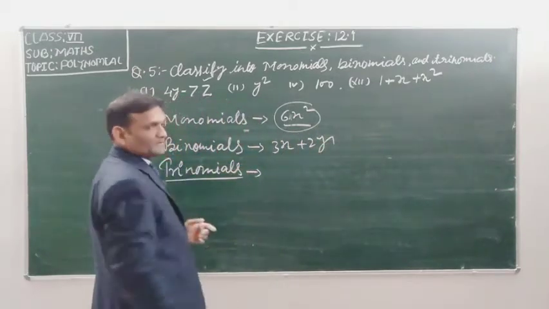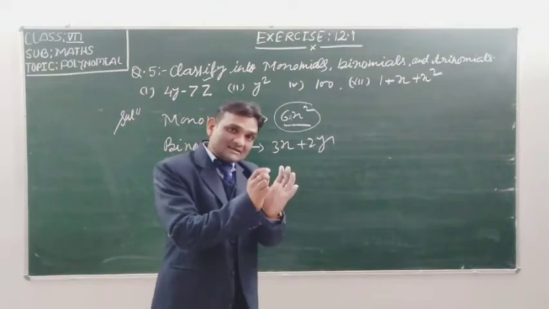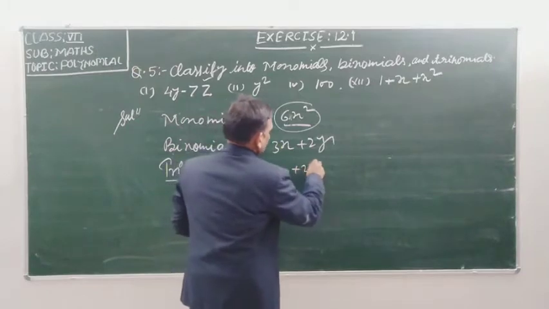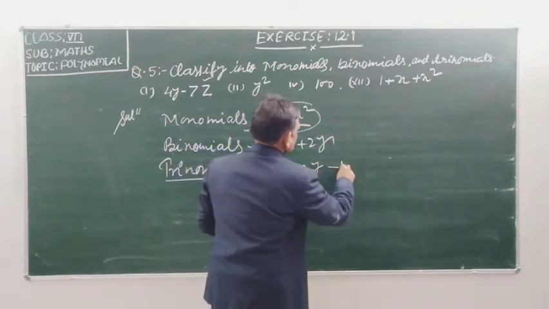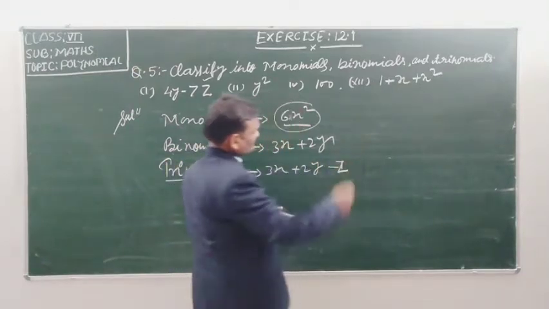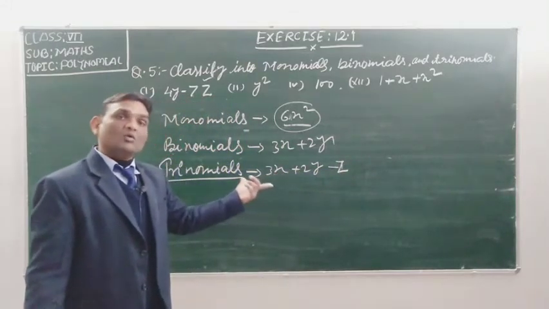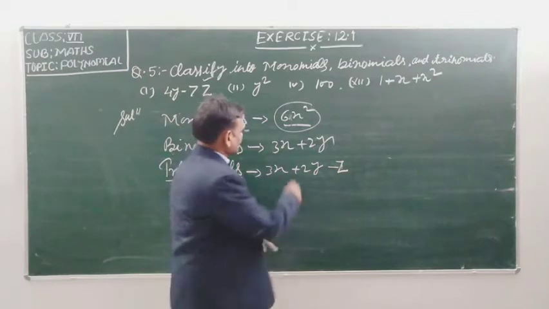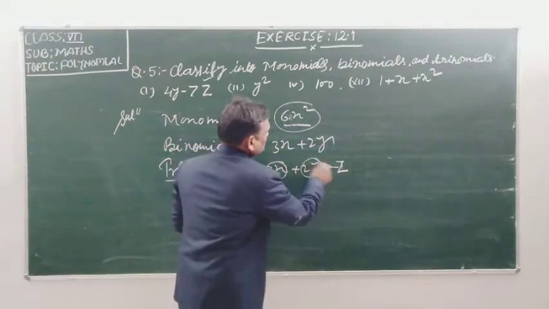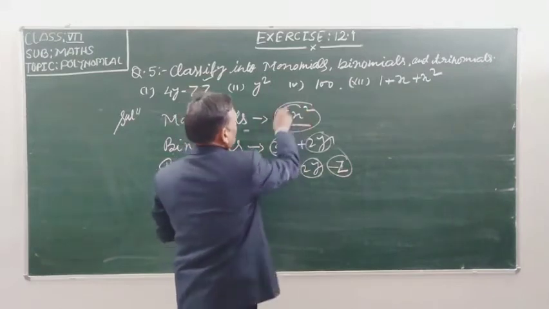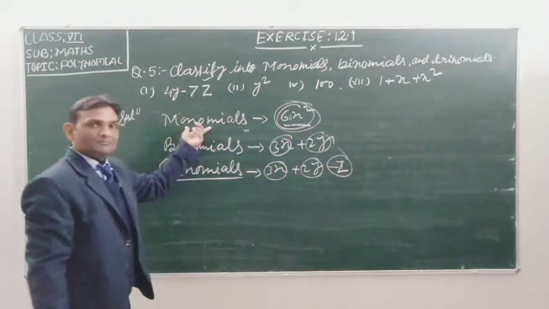Trinomials, that expression which has three unlike terms, means 3x plus 2y minus z. It is a trinomials. Why? Because it has three terms, 1, 2 and 3. Two, binomial. Only one, monomials.